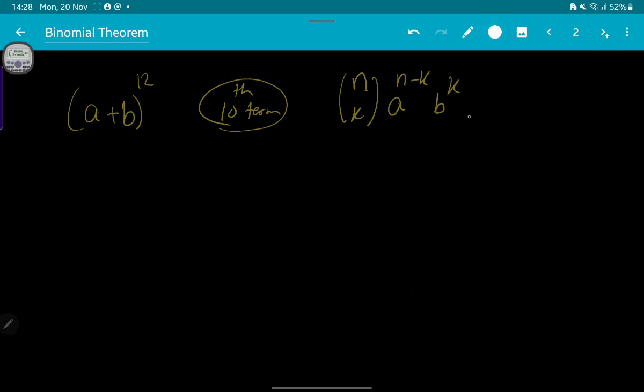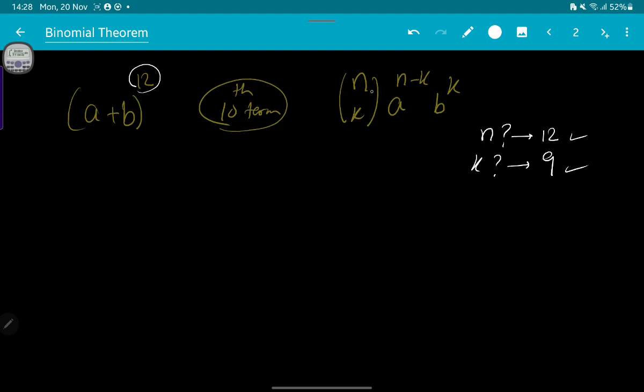So when you look at this formula, you need to know what's n and what's k, since you can substitute by knowing these values and you will get the answer. So n is the power, so n equals 12. To find the 10th term, use k equal the previous one, which is 9. So to find the 10th term, use k equal 9.